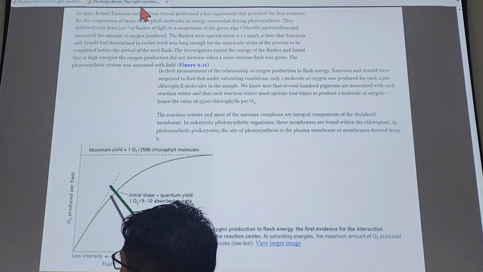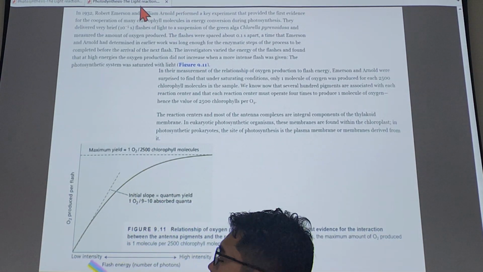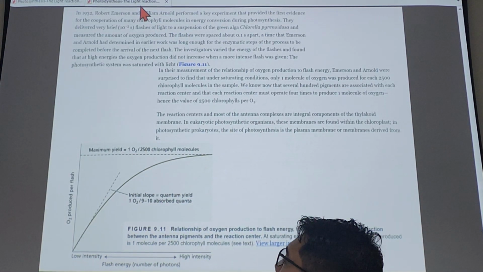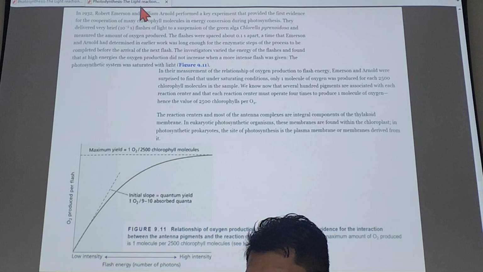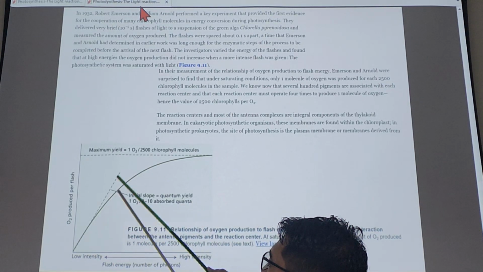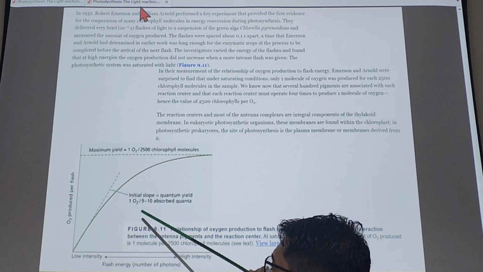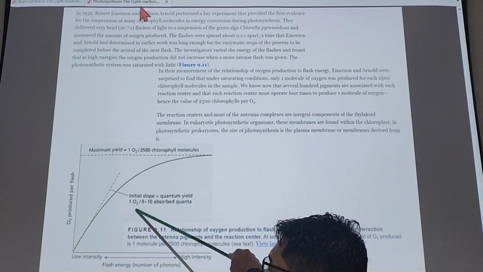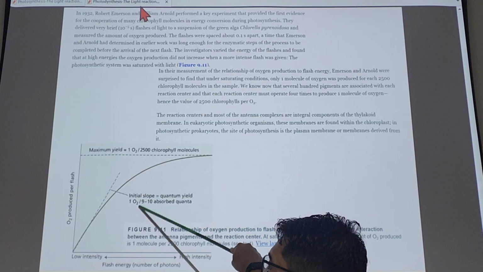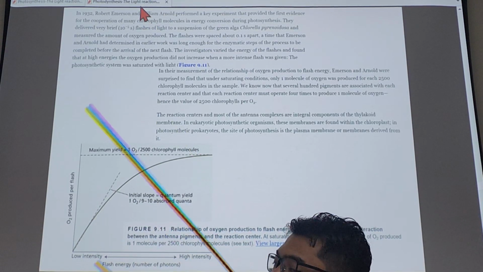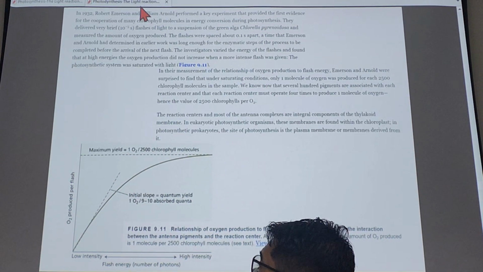The first part, the initial slope, is actually how quantum yield is obtained, simply by dividing oxygen over the amount of quanta absorbed.